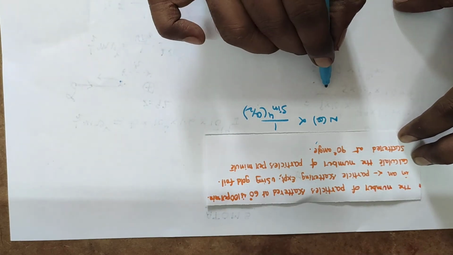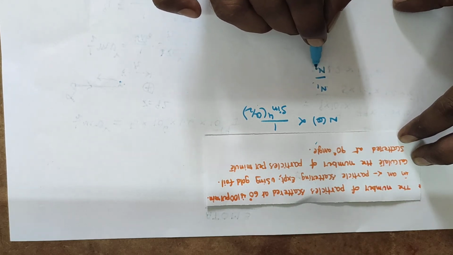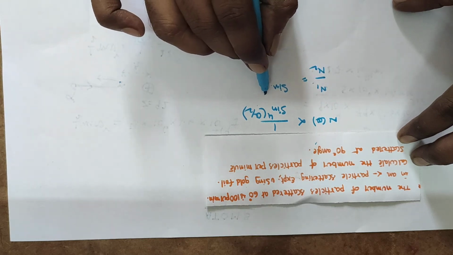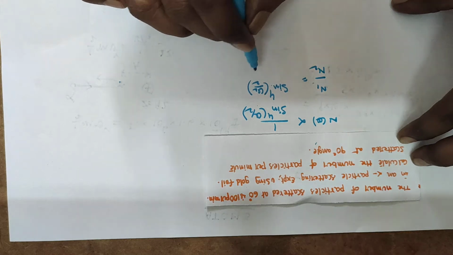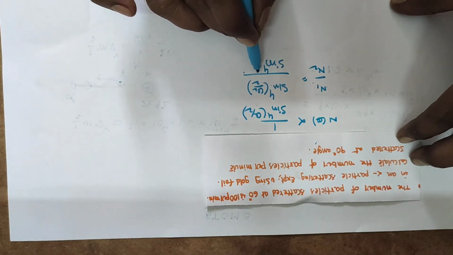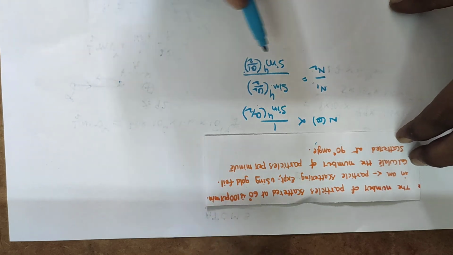Here in the question they are given, from this we can write n1 by n2 is equal to sine power 4 of theta 2 by 2 divided by sine power 4 of theta 1 by 2.